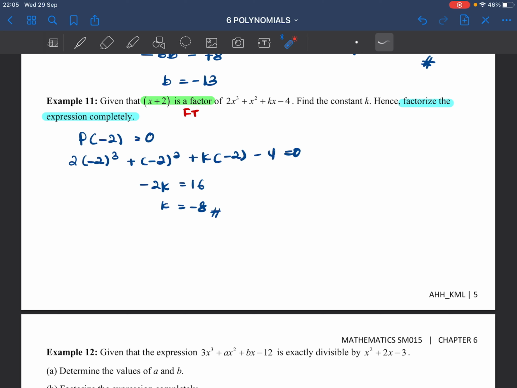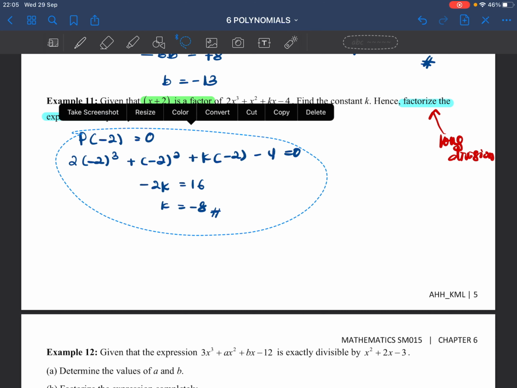Okay, so how to do this part, factorize the expression completely? What we need to do is long division. Okay, so let's do our long division, which is this will be our divisor. Okay, so now we have 2x cubed. I'll make it a bit smaller. This one here.